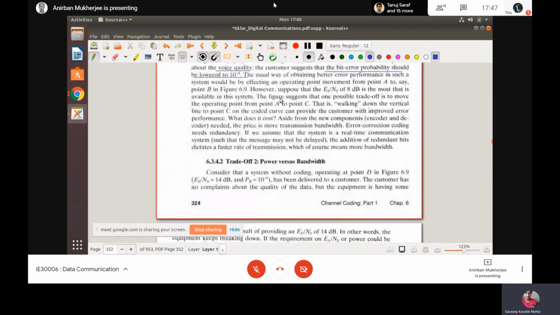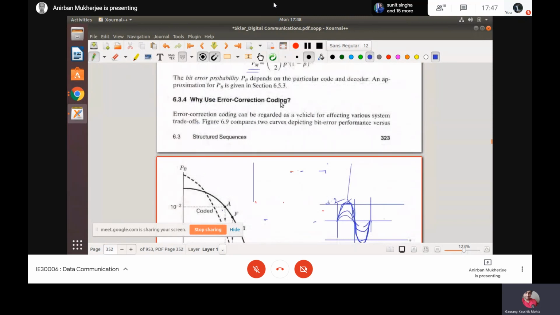Now, more bandwidth means you ask for more bandwidth from the government, and you have to pay. That's it. Now, if I don't go for real-time communication, then I need not pack the bits within this time. Then what will happen?